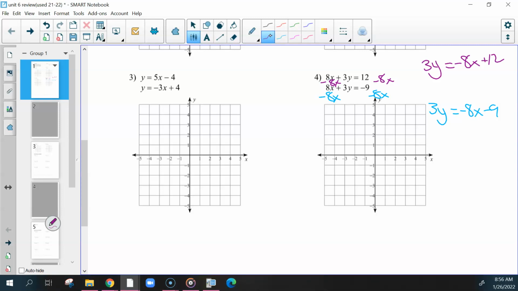And then we would need to divide them both by 3. We have y equals negative 8 over 3 x plus 4, and y equals negative 8 over 3 x minus 3.